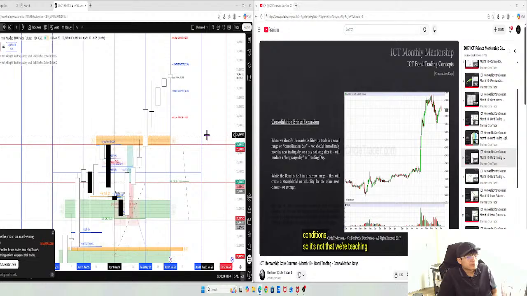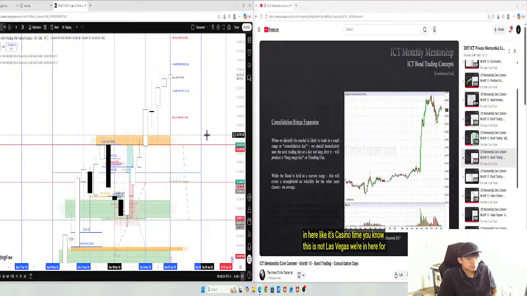So it's not that we're teaching consolidation trade techniques to go in there and try to make a killing. It's to keep your perspective as a professional-minded trader, not getting in here like it's casino time. You know, this is not Las Vegas. We're in here for longevity.